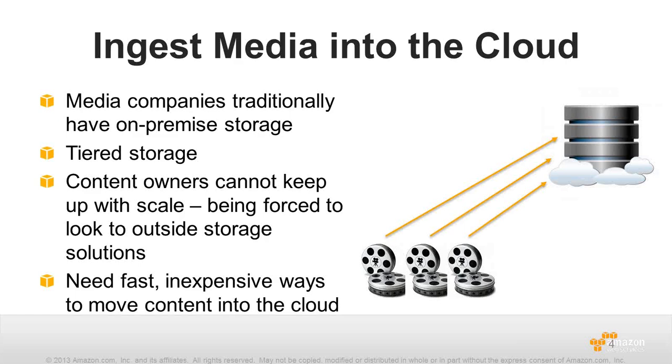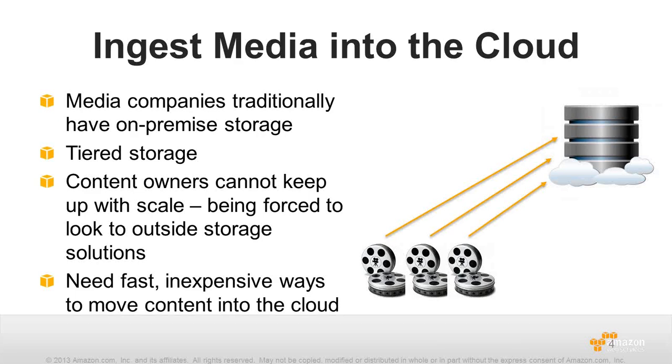There's a ton of UGC, or user-generated content, on the web today. There's content from live events, sporting events, and so forth. Both of these trends, the content size getting bigger and the variety of content increasing, are really creating a problem for a lot of media companies in being able to manage their storage.